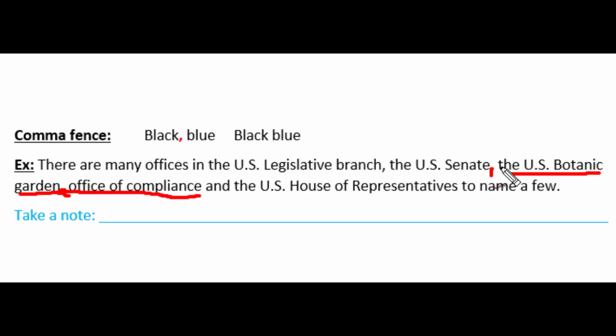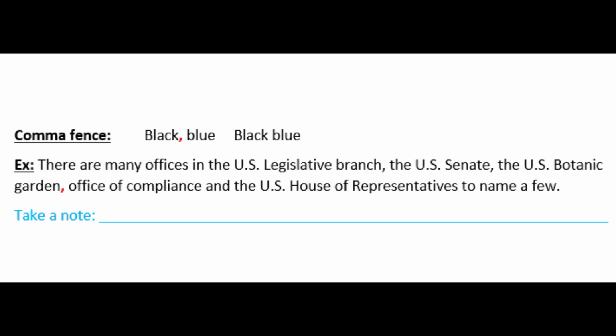Read it one more time: the U.S. Botanic Garden Office of Compliance. You see how that's a whole name. In this particular case, the comma fence will clear up any confusion that you have. Just remember, commas are like fences.